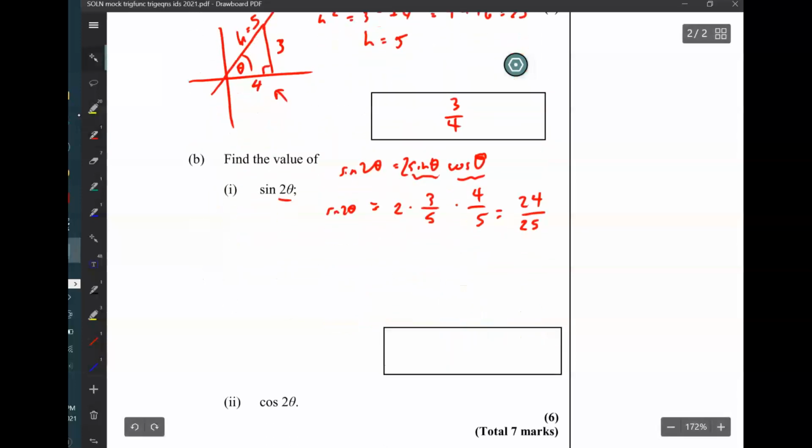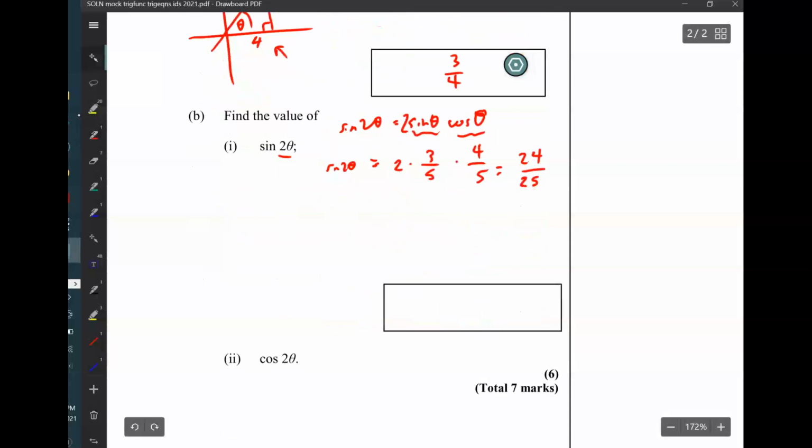What about the next one, which asks us for the cosine of 2 theta? So the cosine of 2 theta you could find by a couple different ways. One of the ways is using the Pythagorean identity, which is that sine squared plus cosine squared of a given angle is equal to 1. So we know that the sine of 2 theta is 24/25.